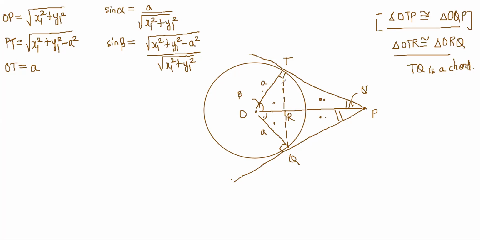I want to find the length of my chord of contact. So TR length would be equal to, now here what we can say is TR square should be equal to OR into RP, because this must be 90 now, no?